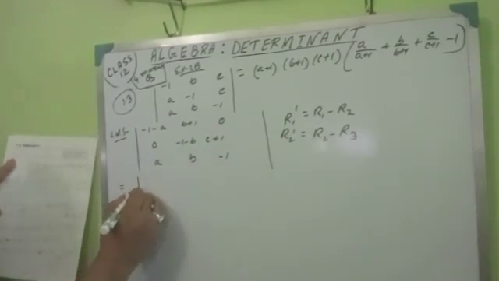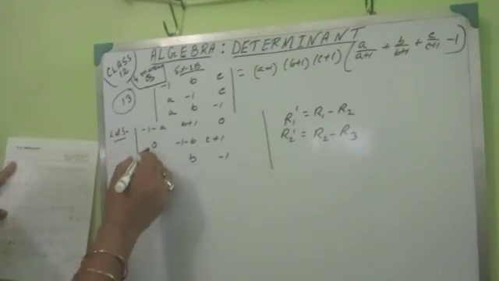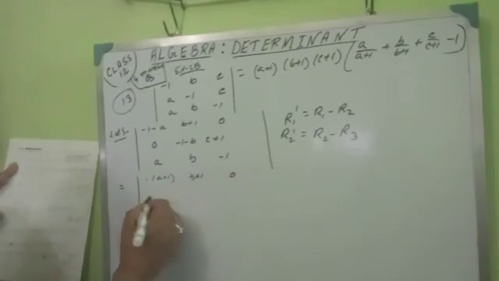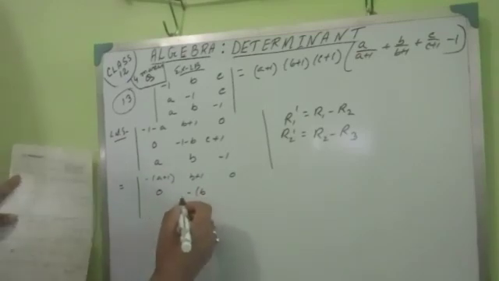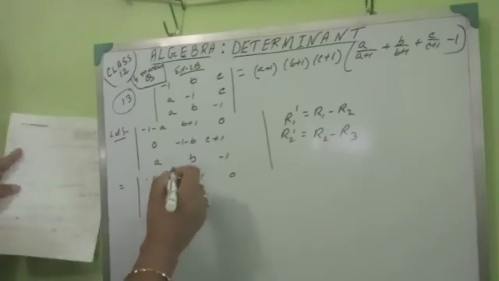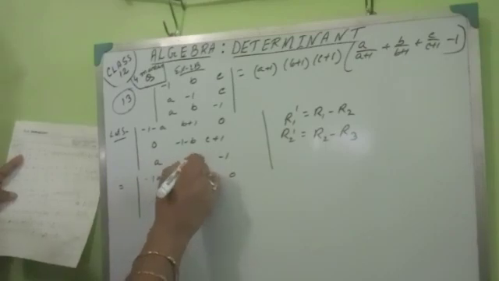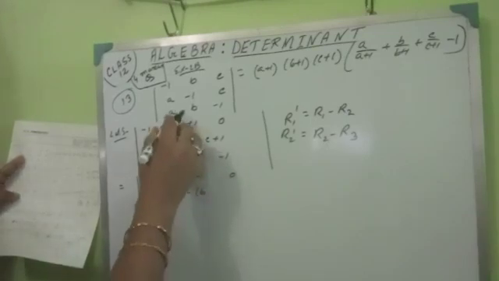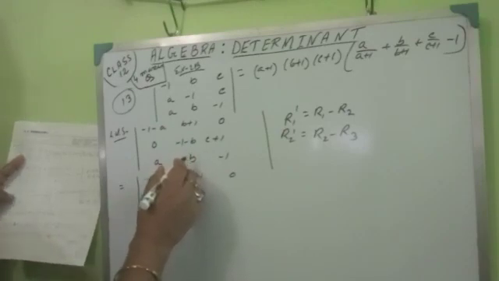Okay, and what we will get? Take common minus, it is coming a plus 1, and then it is b plus 1, 0, 0, minus b, minus, third column, third one, b minus 1, b minus 1, b minus 1.